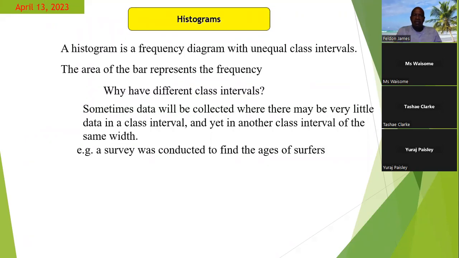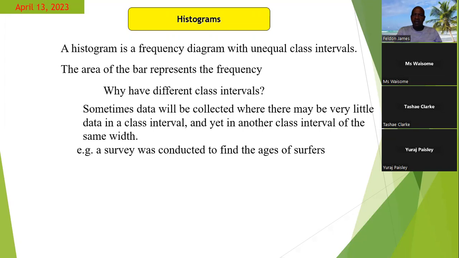Now, here they're saying that the histogram is a frequency diagram with unequal class intervals. The area of the bar represents the frequency. All right, so when we say it's unequal class interval, it means that the width of the bars are not the same. In this case, we're using the area of the bars to represent the frequency. So I hope you guys have that clear.